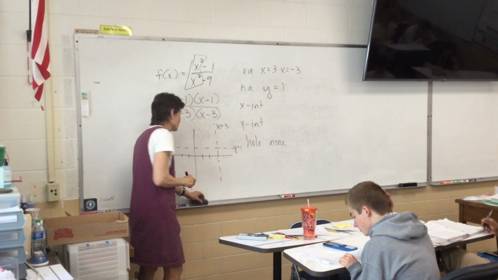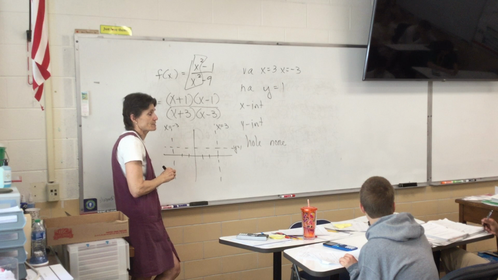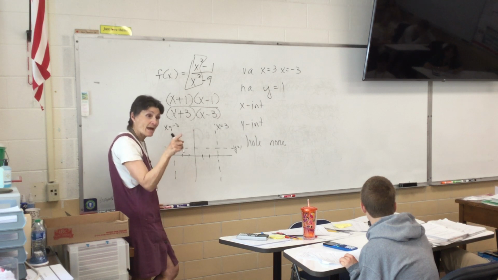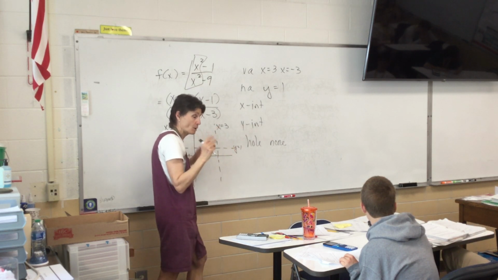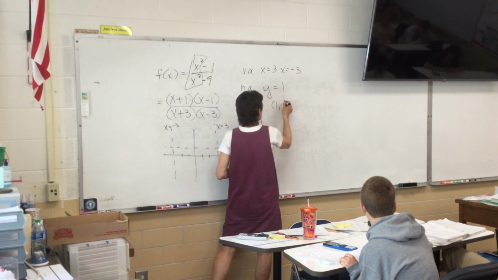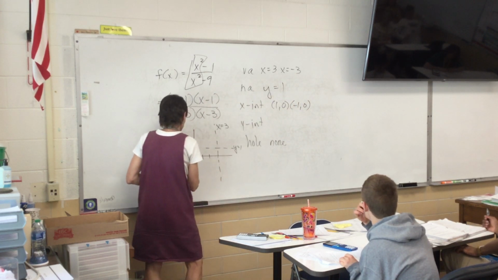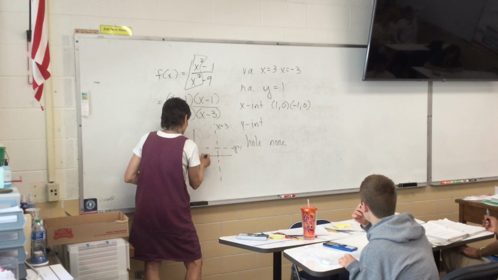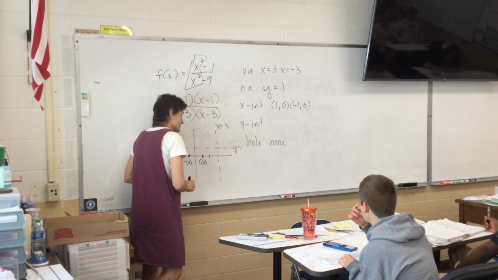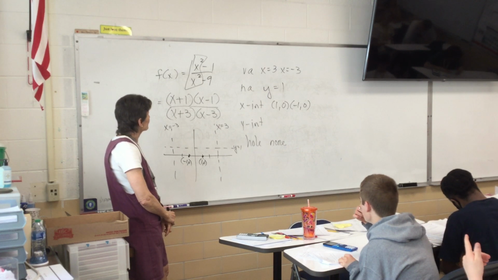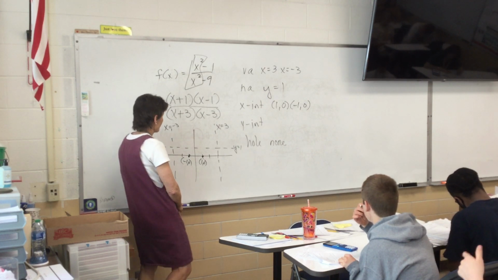Now what about my intercepts? Where are my intercepts? So the x-intercepts, or the zeros, are at 1 and negative 1. That's exactly right. Where do x-intercepts come from? The numerator. That's exactly right. And then the y-intercept is 0, 3, 0?